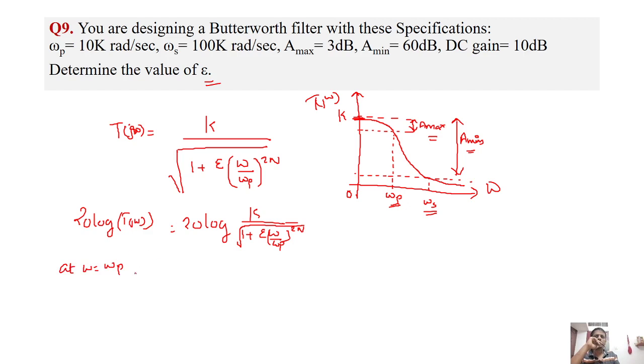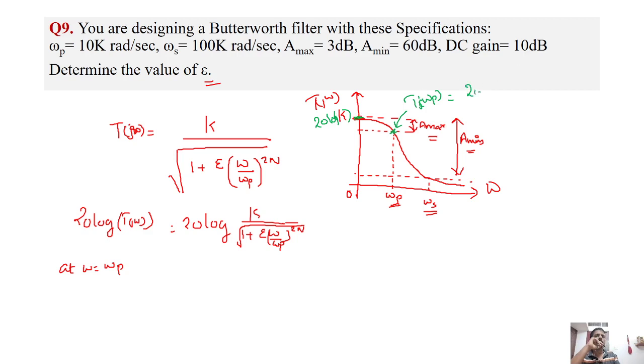So at omega p, what is the value here? Let me change the color. This is actually T of j omega p. So what is T of j omega p? At DC it is 20 log k, which is the DC gain in dB.